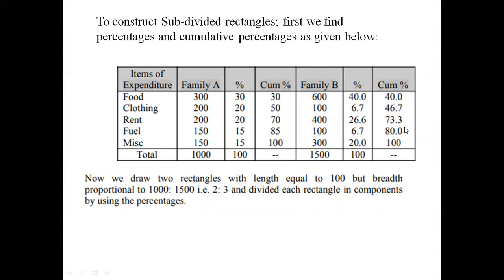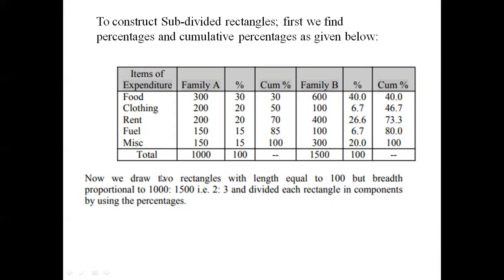Cumulative frequencies are not strictly necessary, but for locating and dividing the rectangles, cumulative frequencies are more useful. That is why cumulative frequencies are found by adding the percentages. So this is the expenditure of family B and their cumulative values.